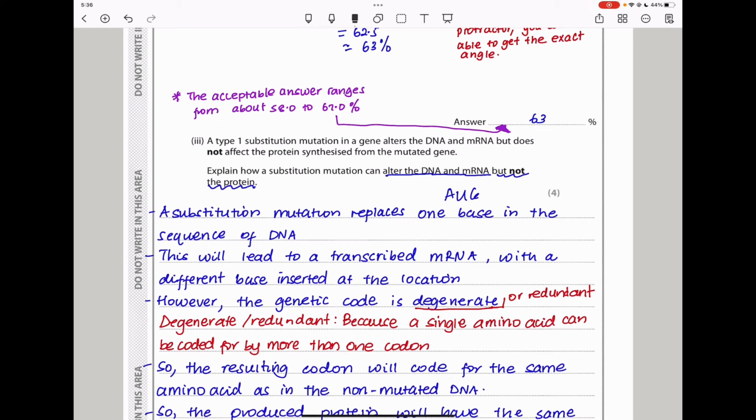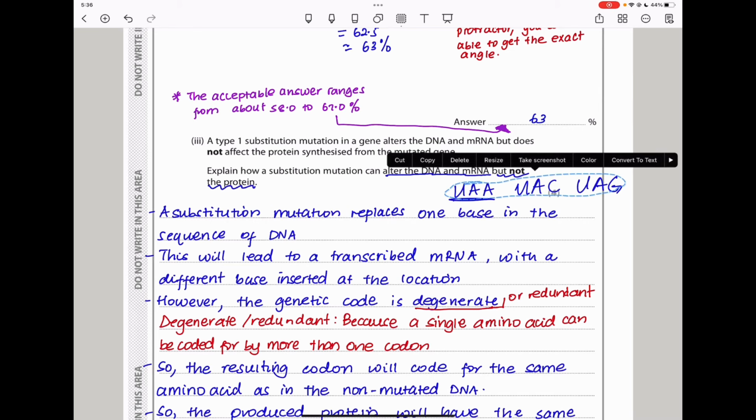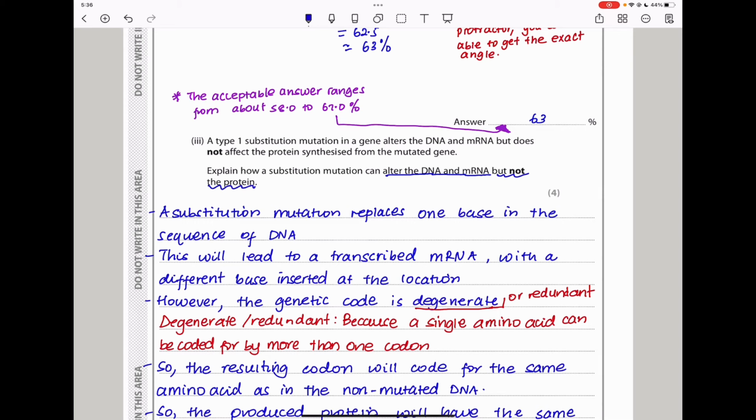Let me give another example. Let's say UAA, UAC, UAG, or something like that. If this is what we have in the messenger RNA, I'm using uracil, so let me go back to the DNA. If this is UAA and UAG in RNA and UAC, it means here we're going to have, of course, thymine.